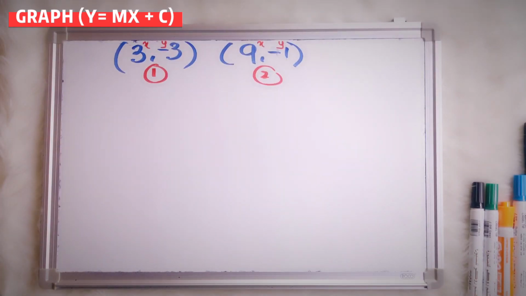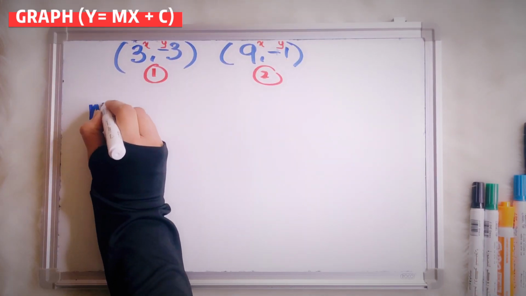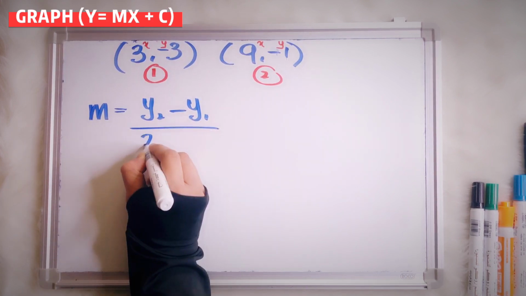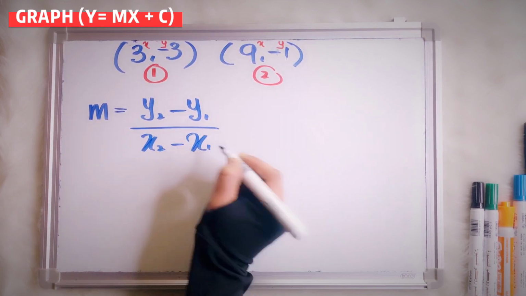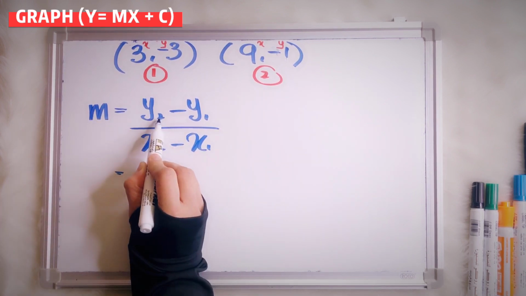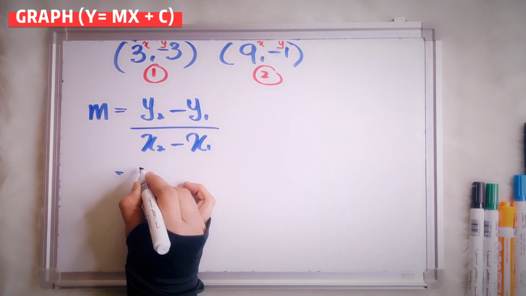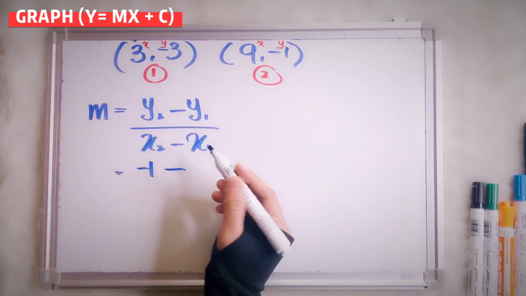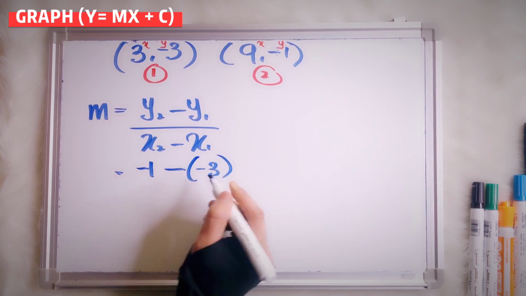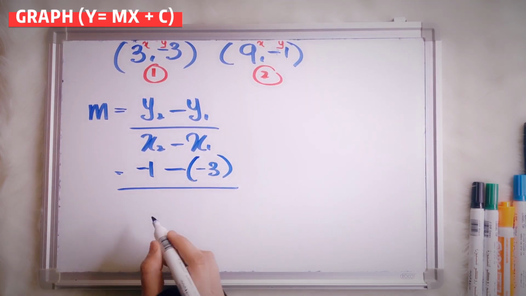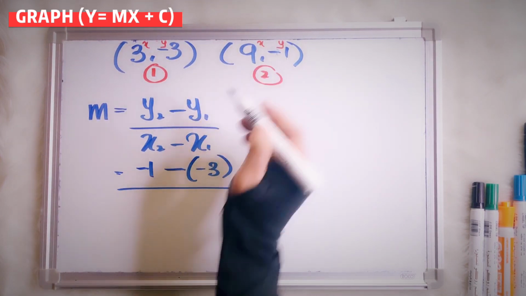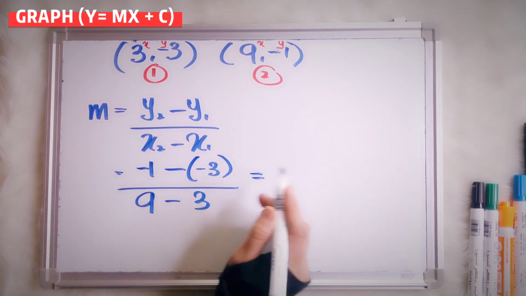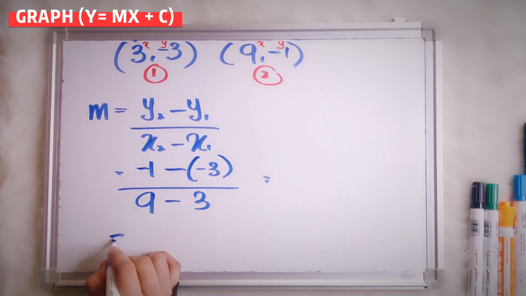What is the formula for gradient? m equals y2 minus y1 over x2 minus x1. So y2 is negative 1 minus y1. y1 is negative 3. Always put brackets. Now x2 is 9 minus 3.